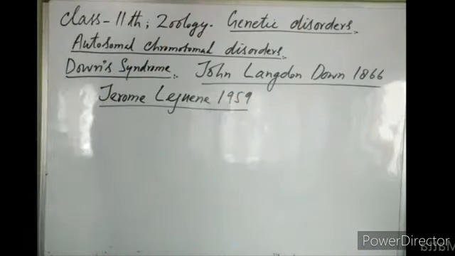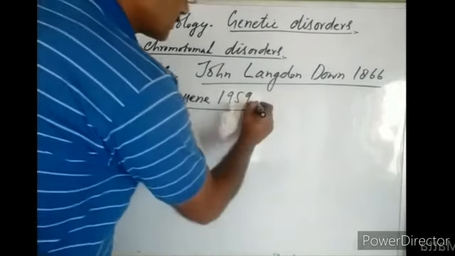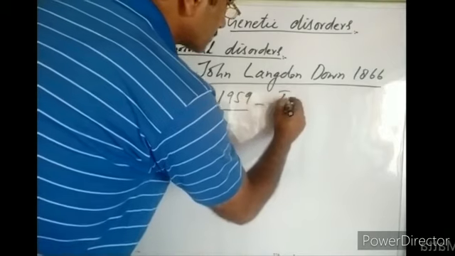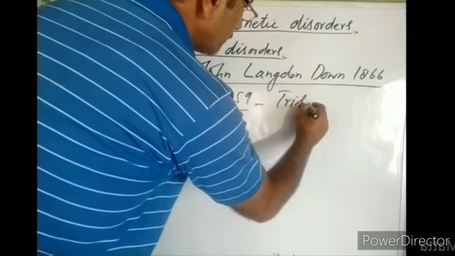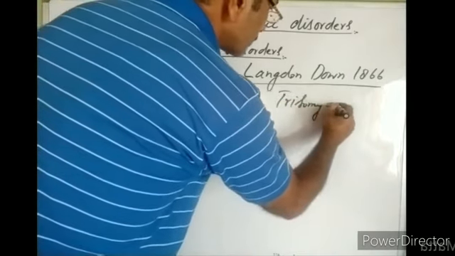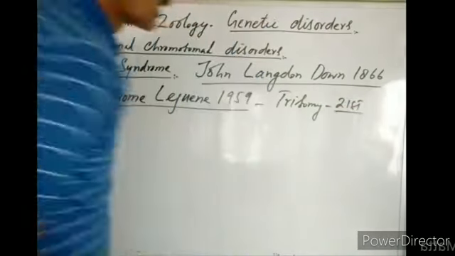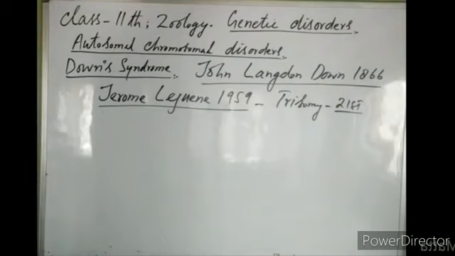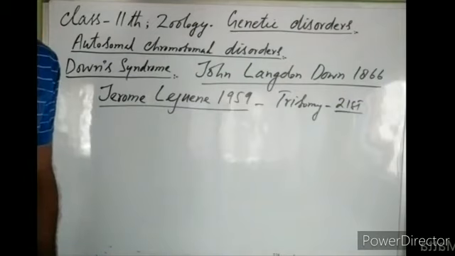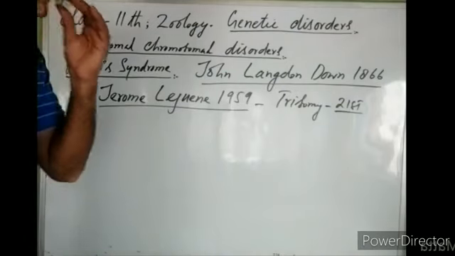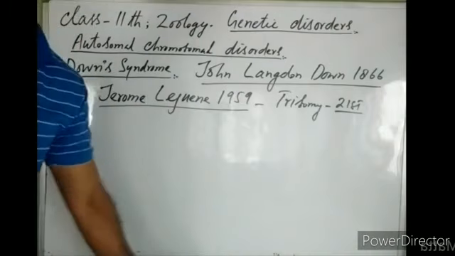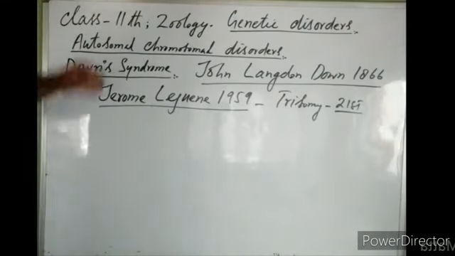Jerome Lejeune found that Down syndrome is caused due to trisomy of chromosome number 21. So it was Jerome Lejeune who identified that cause. So what are the markers of the disease?